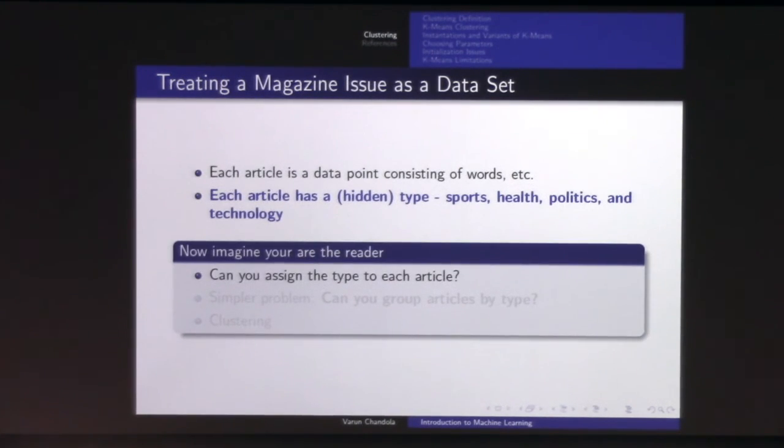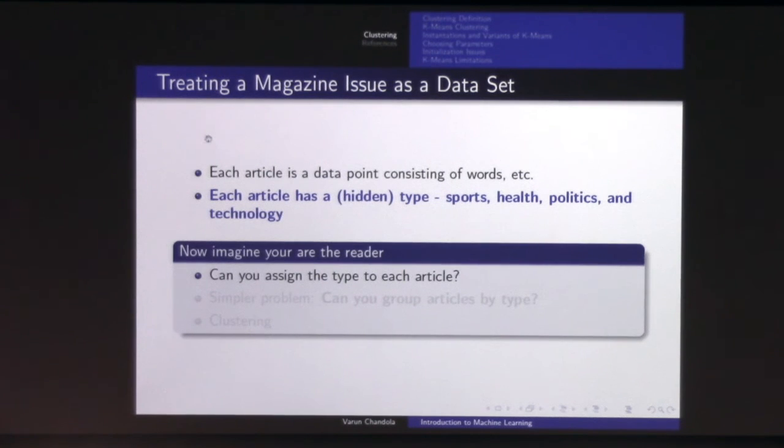You can think of this magazine as a collection of these articles. Think of this magazine in which each article is a data object or a data point, which is not really a d-dimensional vector, but actually a document. But let's say we have some way of representing it as a d-dimensional vector.